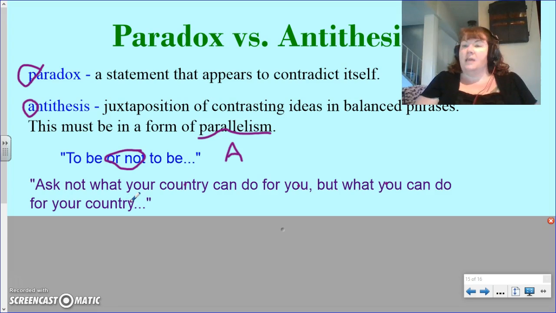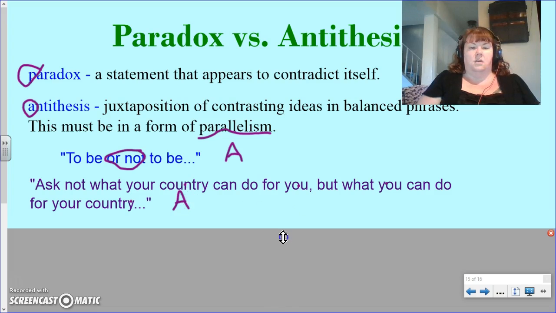Since it's a chiasmus, you should know right away that it follows a set pattern, and if it follows a set pattern, it's a parallelism. But it also has the opposites in there. Chiasmus usually has this idea of the opposites, this contrast, this juxtaposition. So this is another example of an antithesis.